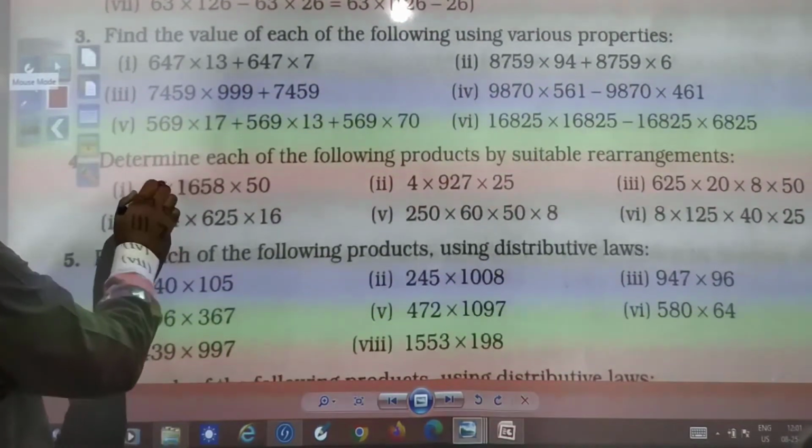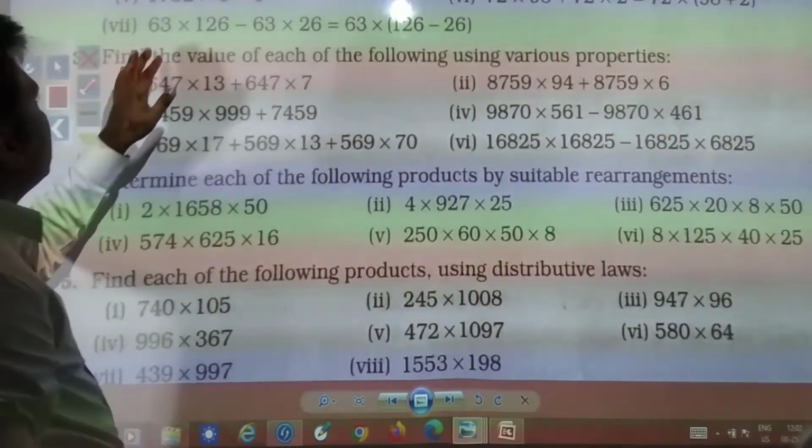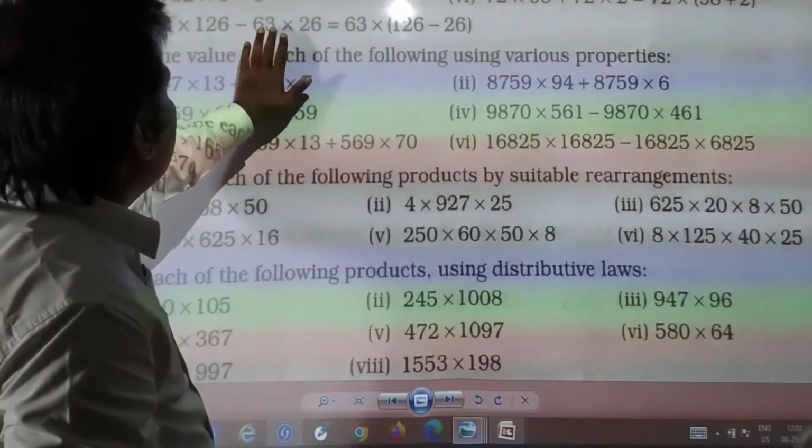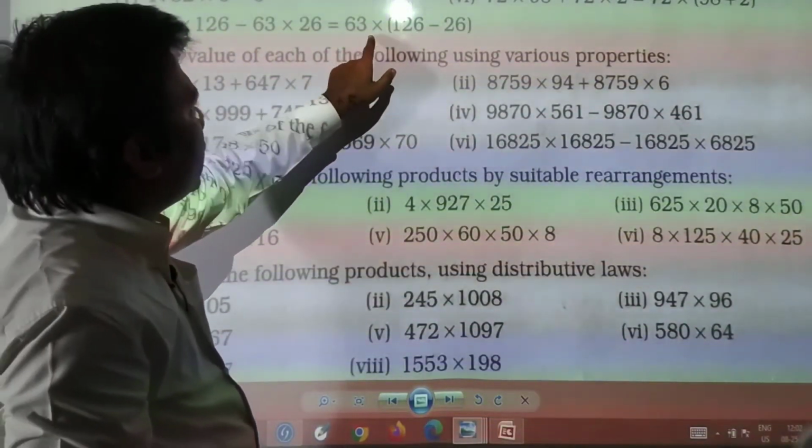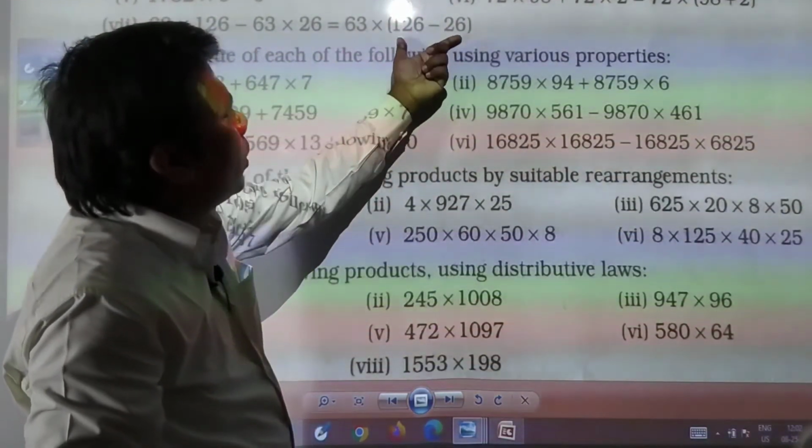And then you have at last 63 into 126 minus 63 into 26 will be equal to 63 into 126 minus 26.